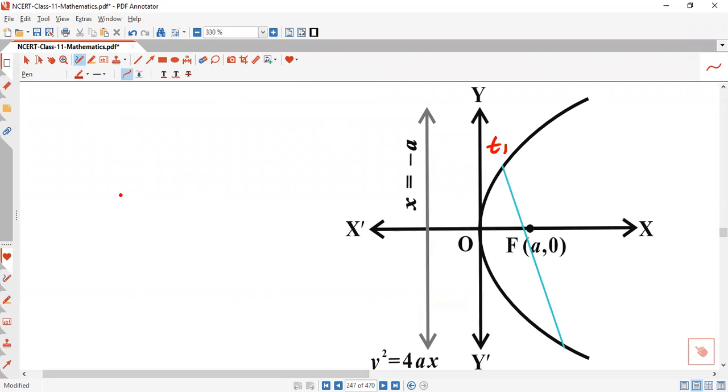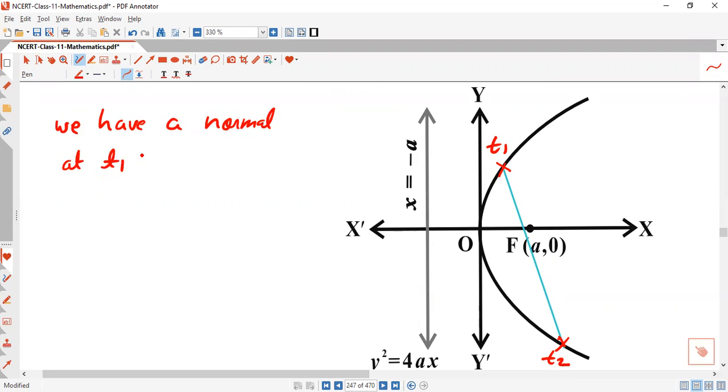What is the value of another point T2, where it is meeting the parabola? We say T1 is there and T2 is there. We draw a normal at T1.